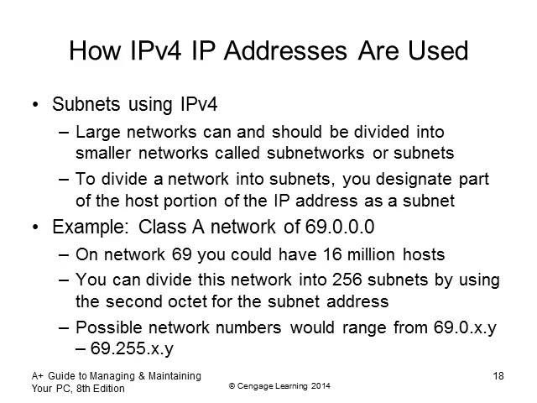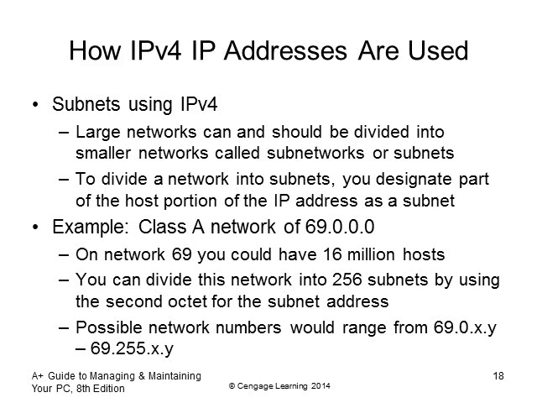Subnets using IP version 4: large networks can and should be divided into smaller networks, and those are referred to as subnetworks. Oftentimes, you just hear them referred to as subnets. To divide a network into subnets, you designate part of the host portion of the IP address as a subnet. Here's an example of a Class A network of 69.0.0.0. On network 69, you could have 16 million hosts.